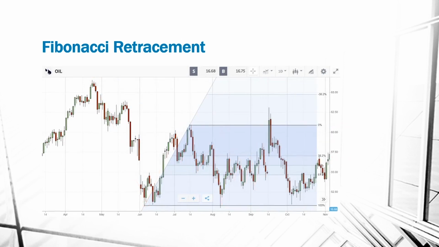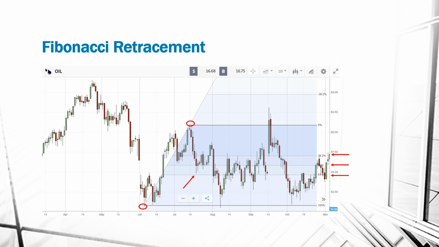So in this case, we take the lowest point to the highest point. And notice that the ratios are opposite. Now we have on the top, the 38.2%, the 50%, and the 61.8% ratios.